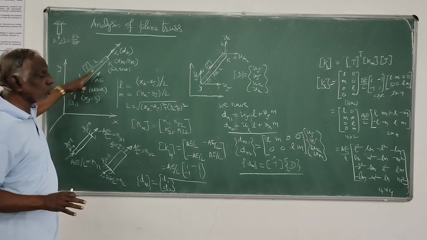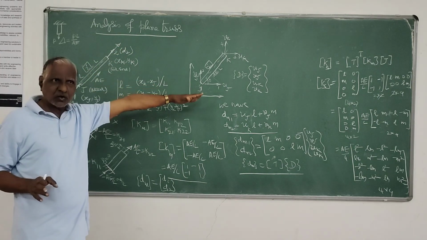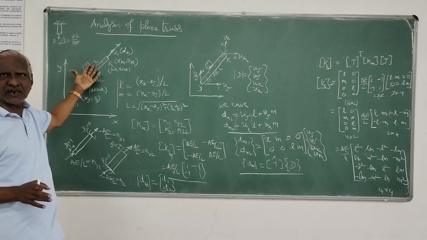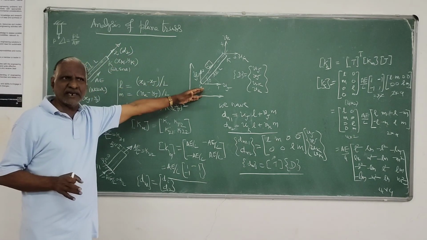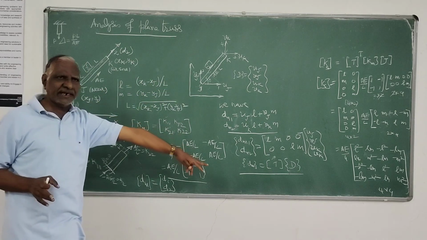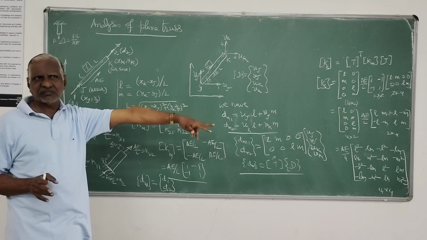Element approach means you have to remember the local coordinates, the global coordinates, what the degrees of freedom are with respect to local and global coordinates, and then how to generate Km as well as the global stiffness matrix.